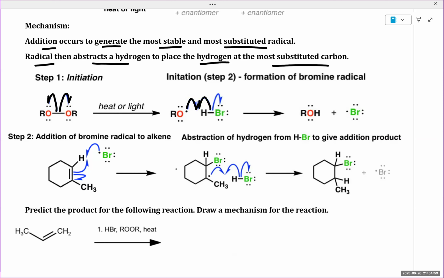It then propagates via abstraction of a hydrogen from HBr. You now have this bromine radical, which then adds to your alkene. Notice that we are adding to the least substituted position, because we get the most substituted radical.